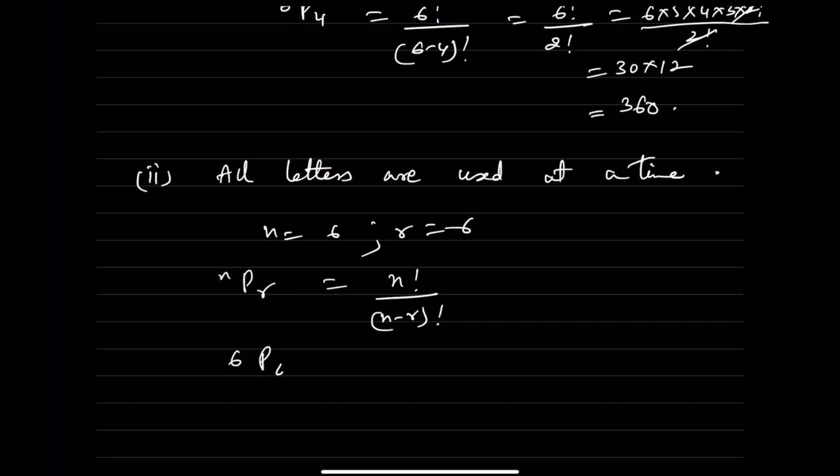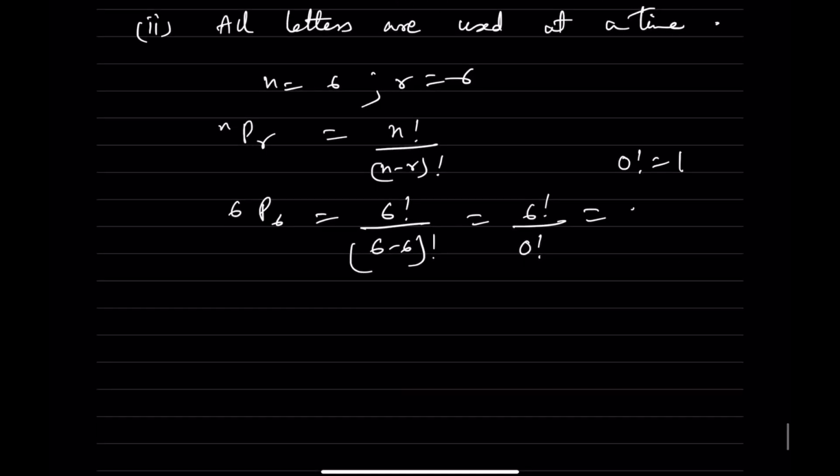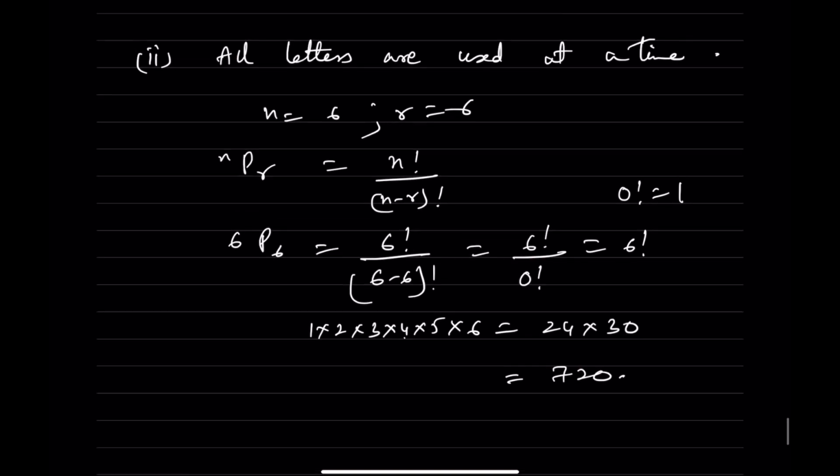So 6P6 is equal to 6 factorial by (6 minus 6) factorial, which is equal to 6 factorial by 0 factorial. 0 factorial is equal to 1. So 6 factorial, 1 into 2 into 3 into 4 into 5 into 6. So 2 3s are 6, 6 4s are 24 into 30, so 720 is the number of possible words when all letters are used at a time.